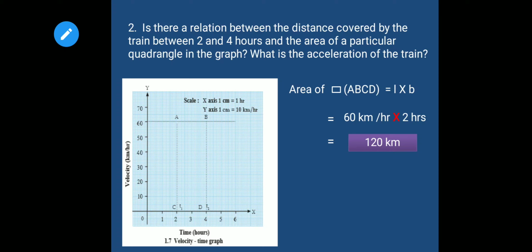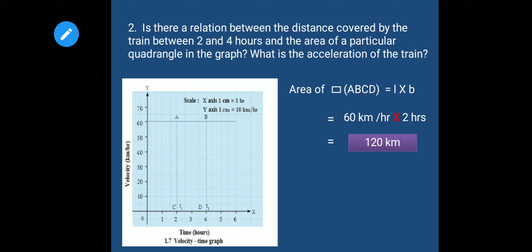The displacement is nothing but the distance covered by the train, and which is nothing but the area of the rectangle ABCD.